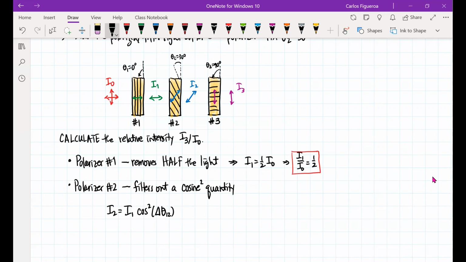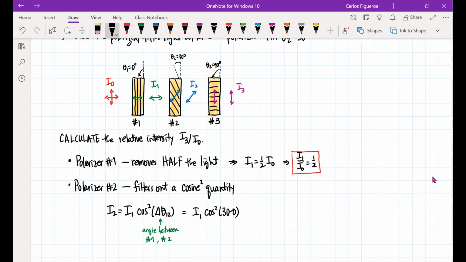So once again, this is the angle between polarizer number 1 and polarizer number 2. You can see that there's an angle of 30 degrees, so it's going to be 30 minus 0.